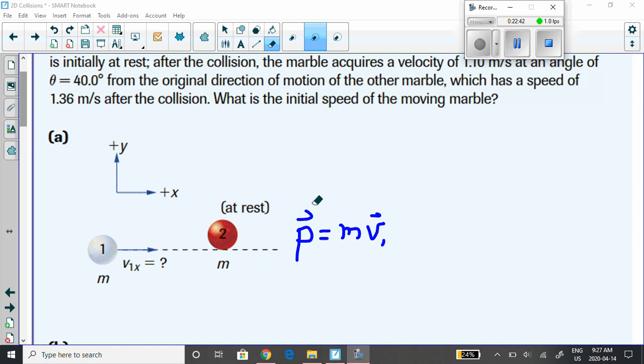And I've added a little note here saying, look, the total momentum before the collision, I'm just going to call it P, is equal to the mass of marble 1, which is just m, they both have the same mass, times the velocity of marble 1 before the collision. That right there is an equation representing the total momentum before the collision.